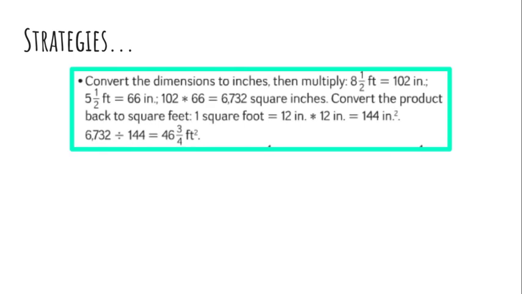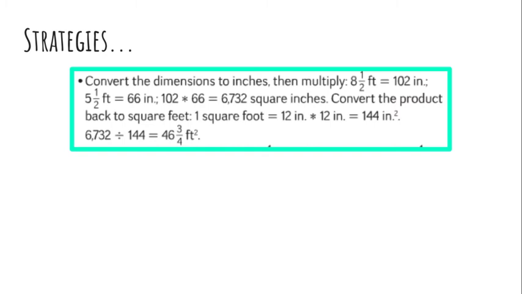Another strategy you might want to use, you could convert the dimensions to inches. Then multiply. First, we would take 8.5 feet. That would be 102 inches since I know that 12 inches are in 1 foot. 5.5 feet would equal 66 inches. So then I would take 102 inches, multiply that by 66 inches.